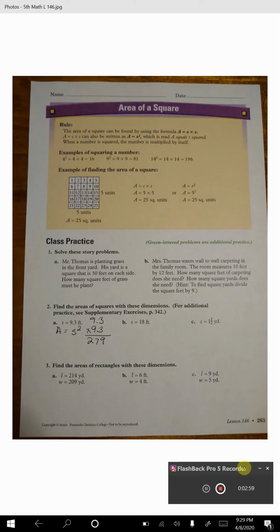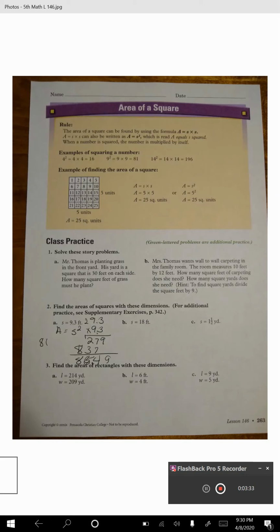Do you have it done already? 83, right? Two after the decimal. 85.49. Let me look at my answer book. Oh, it's 86.49. Oh, I forgot to carry that 1 for the 14, didn't I? All right, so it's 86.49.